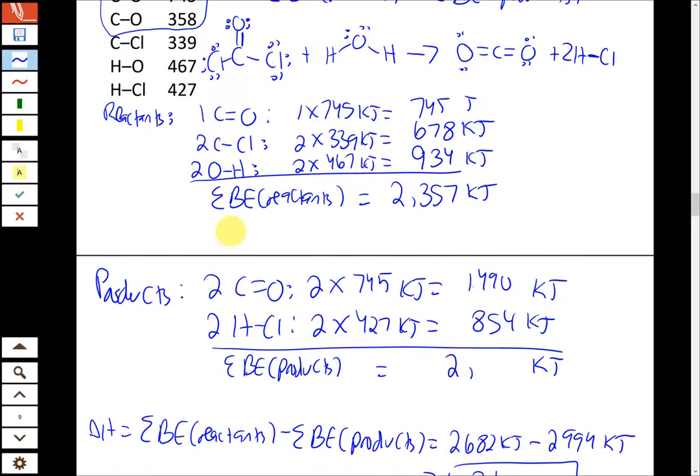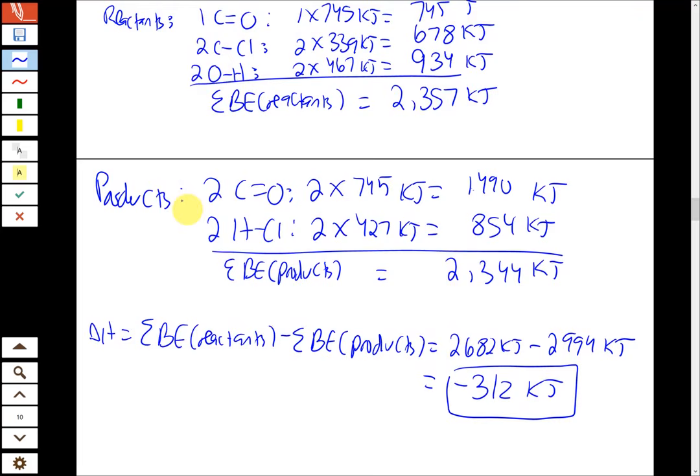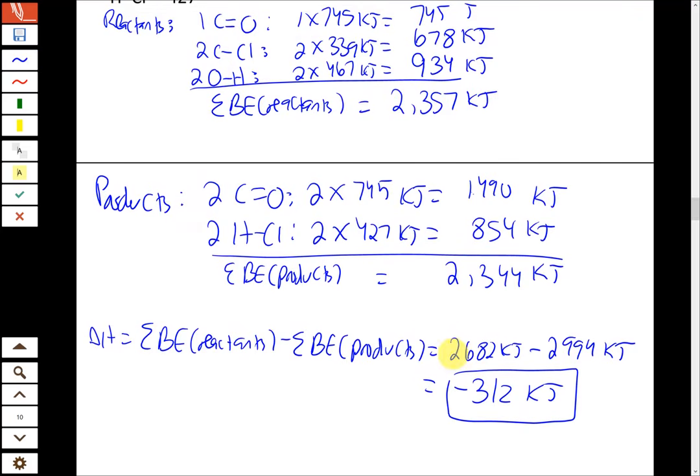Yeah. So this is actually going to be a very small delta H. All right, I made the mistake that I warned you guys not to make. And now we're all good. So it's actually a very small delta H of plus 14. All right.